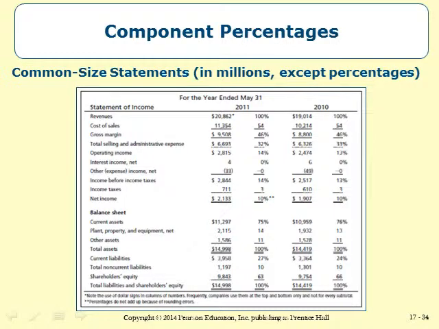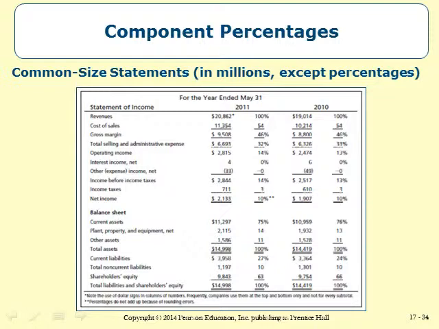And so here we can see that for the income statement, looking at 2010 versus 2011, we restate the items on the income statement in proportion to their percentage of revenues. So revenues in 2011 were $20,862,000. Cost of sales were $11,354,000. And so the $11,354,000 as a percentage of the $20,862,000 in revenue is 54%.